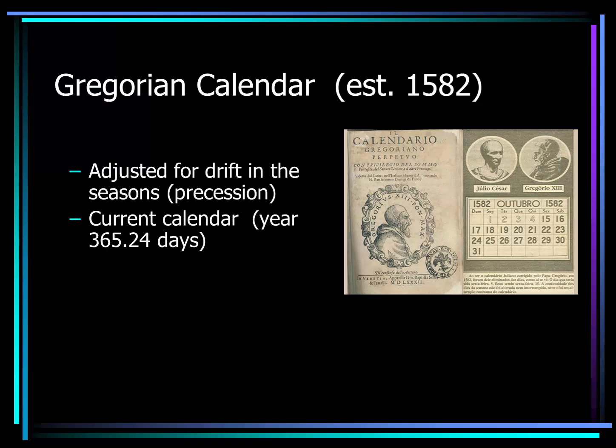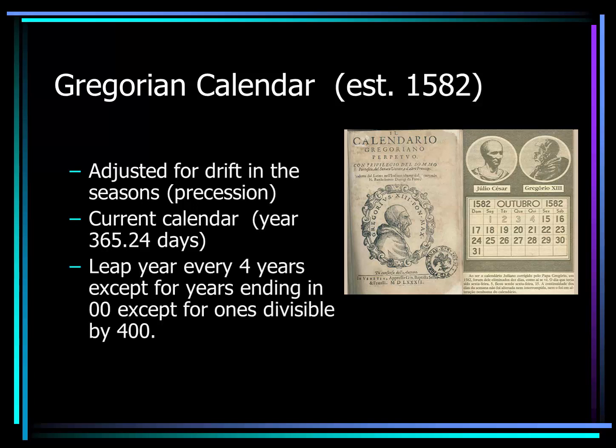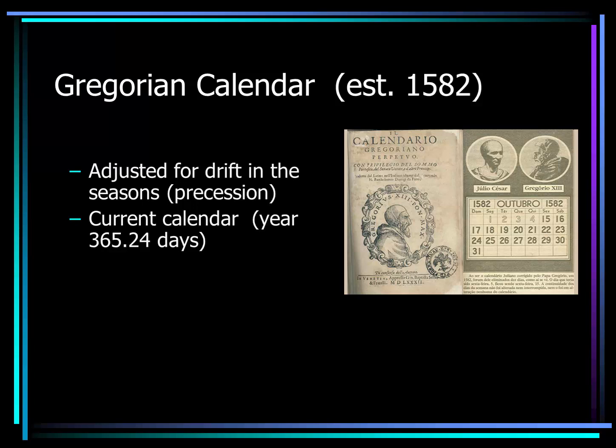They calculated that the year should be 365.24 days long rather than 365.25 days. They added a leap year every 4 years, except for the years ending in 00, and except for those divisible by 400. Although it was developed in 1582, many Protestant countries were much slower in adopting this calendar.